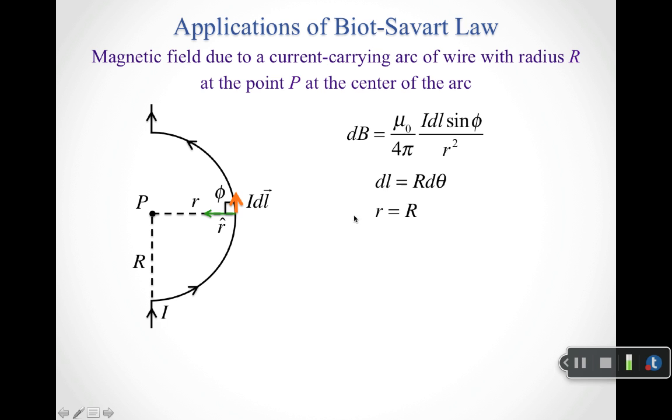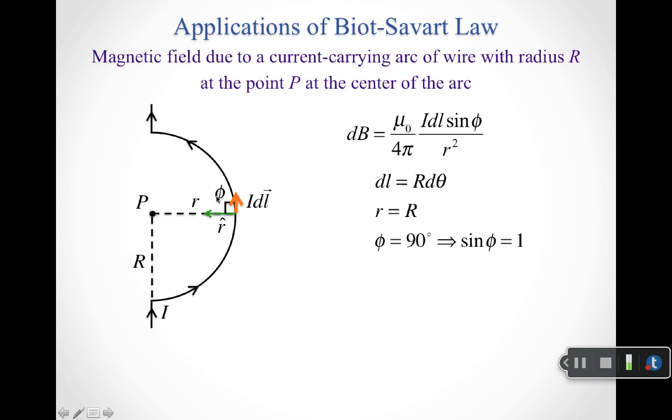Sine phi, well, let's do r first. r is just the distance from your current carrying element to the point P, and at any point you picked along this circular arc, that was always going to be the radius. And then sine phi: in this case, phi happens to be 90 degrees.